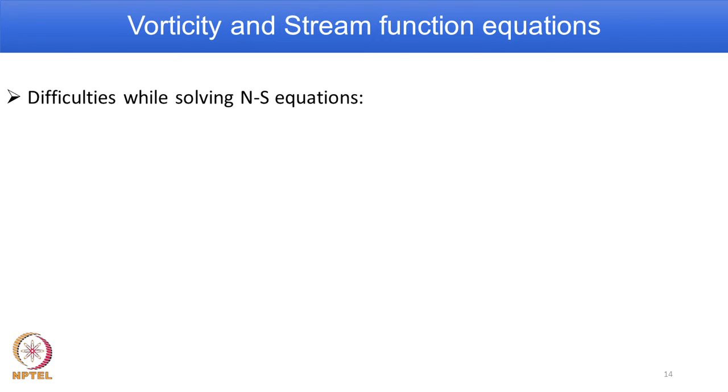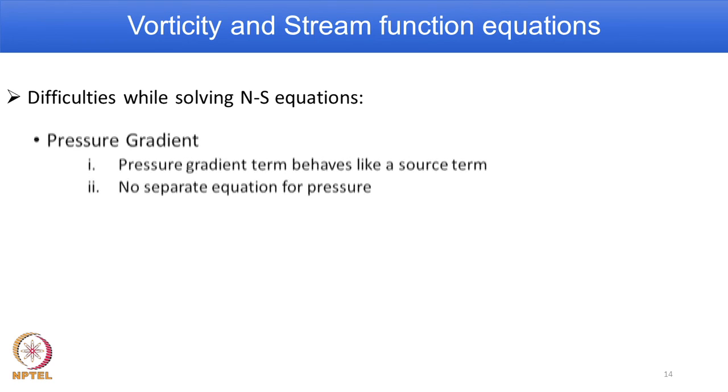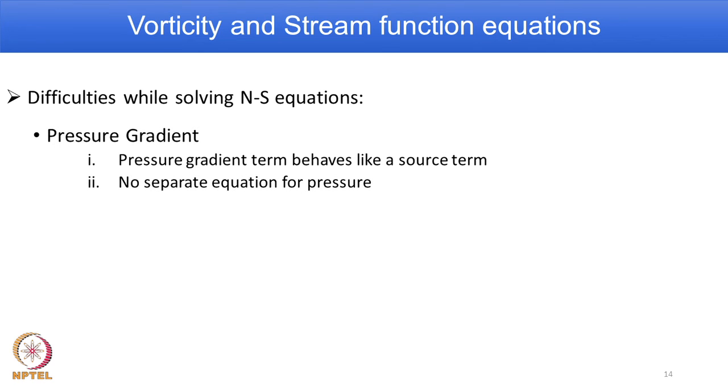We go to the next important topic, what is known as the vorticity stream function equation. There are certain difficulties while solving the Navier-Stokes equation. One is the pressure gradient. The pressure gradient terms ∂p/∂x, ∂p/∂y and ∂p/∂z appear on the right hand side.